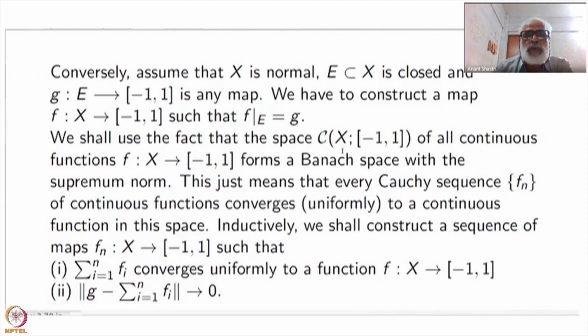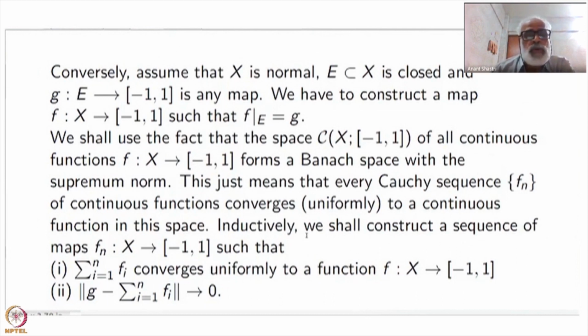Essentially, if you don't want to use all these terminologies, all that just means that if you have a sequence of continuous real-valued functions which converges uniformly to a function, that function is continuous. So this is the fact that comes out of ordinary analysis, which we are going to use now here.